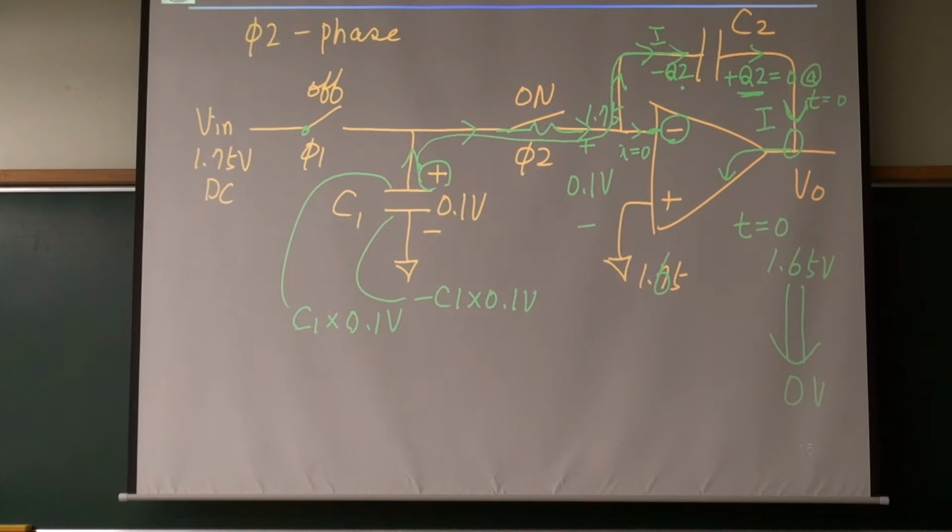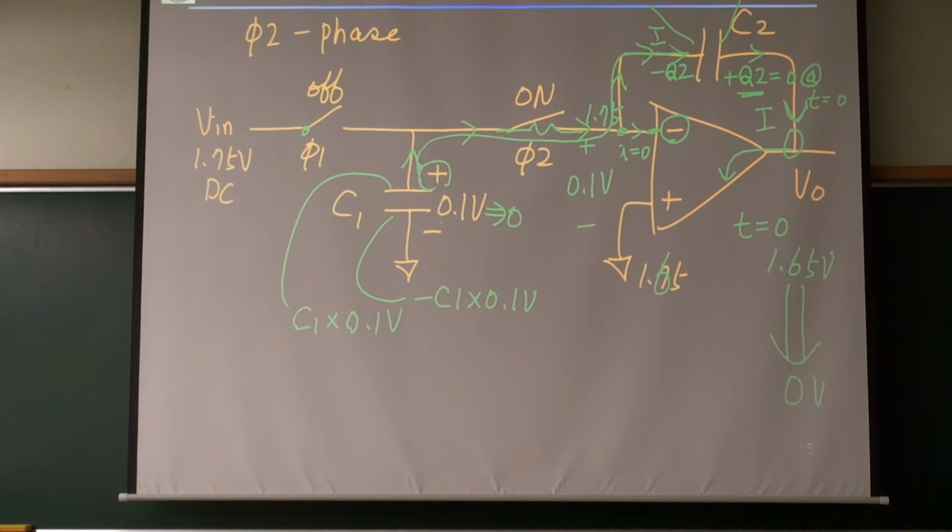This Q2 charge will change to plus C1 times 0.1 volt, and this Q2 charge will be minus C1 times 0.1 volt, very quickly.